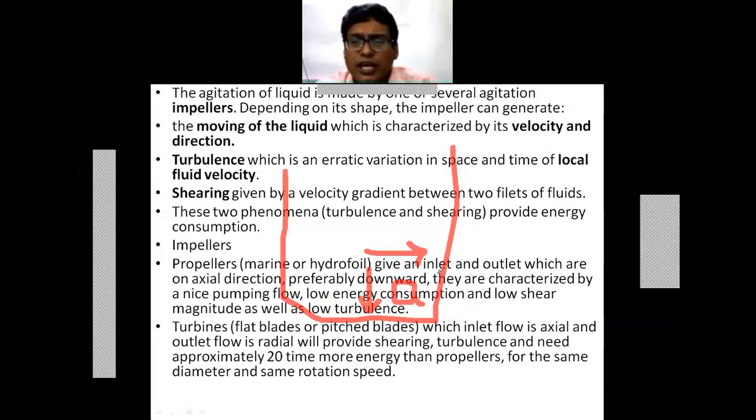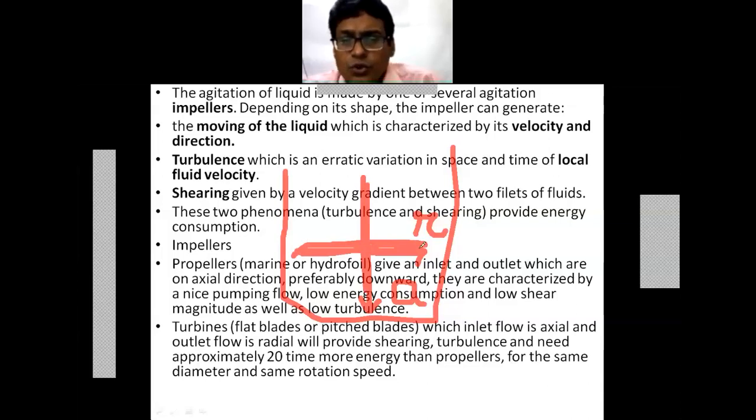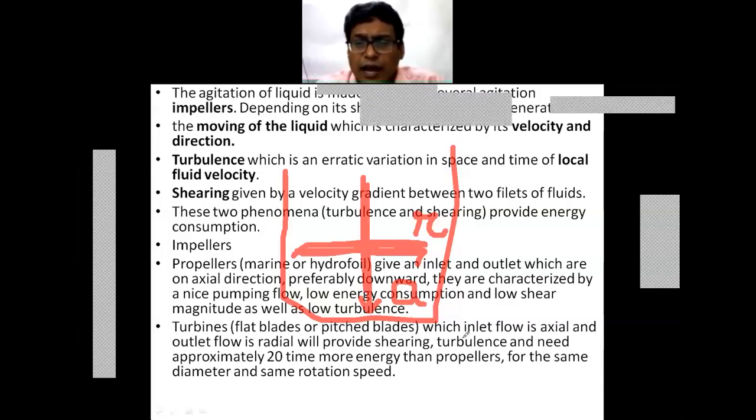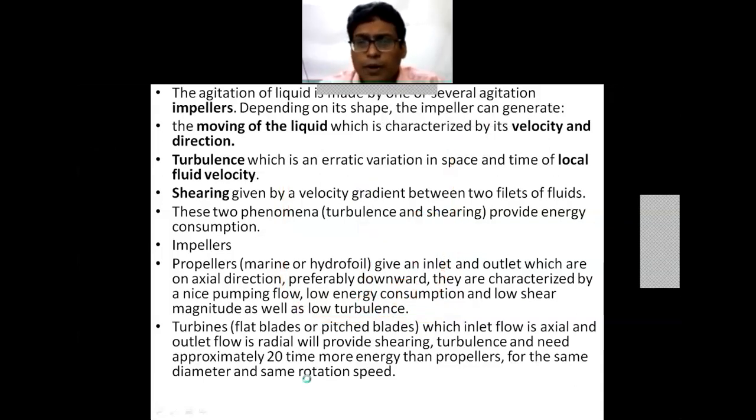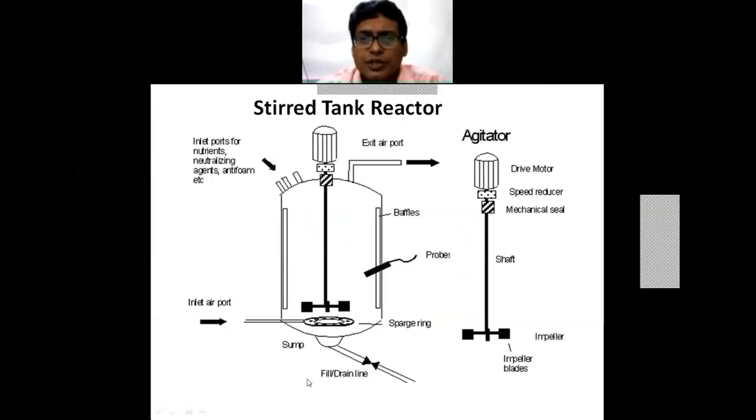This is the axial direction and this is the radial direction. Towards the axis it's axial, towards the radius it's radial. And it should have low shear and low turbulence. That should be the purpose while agitating.